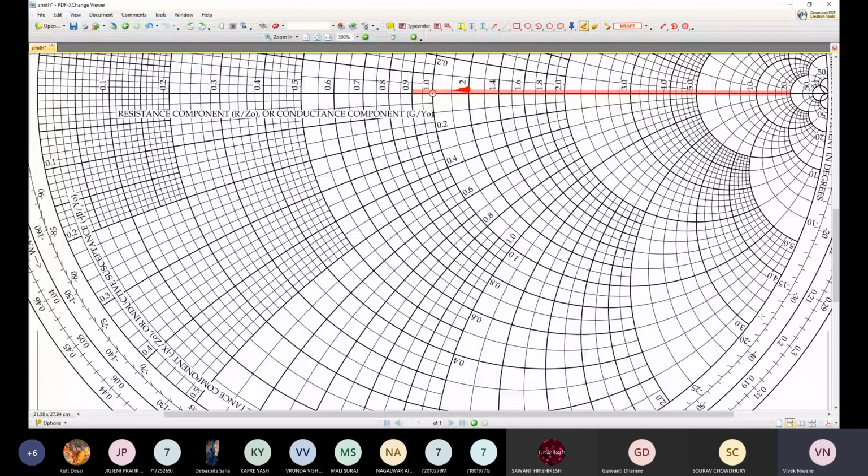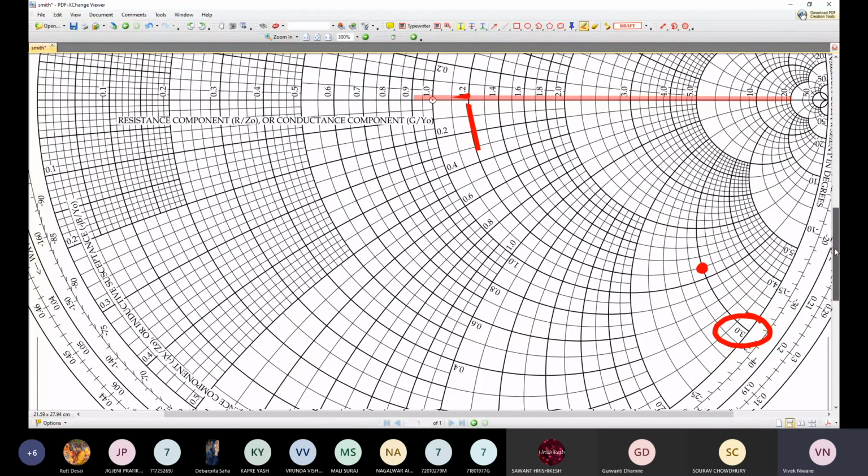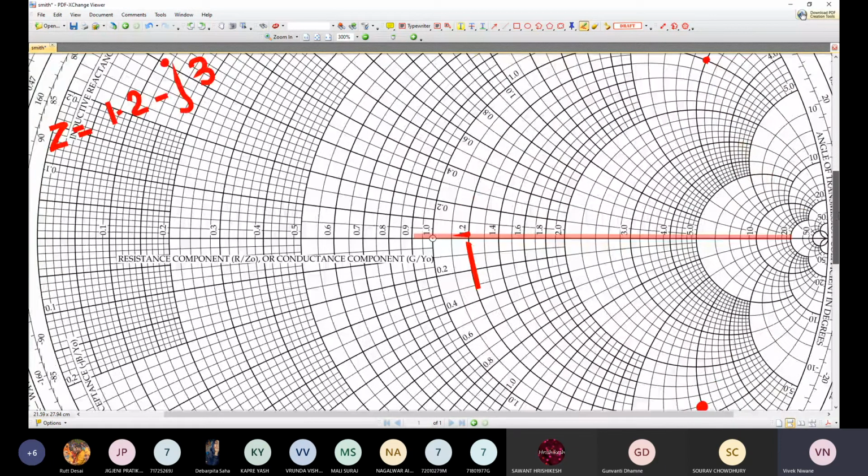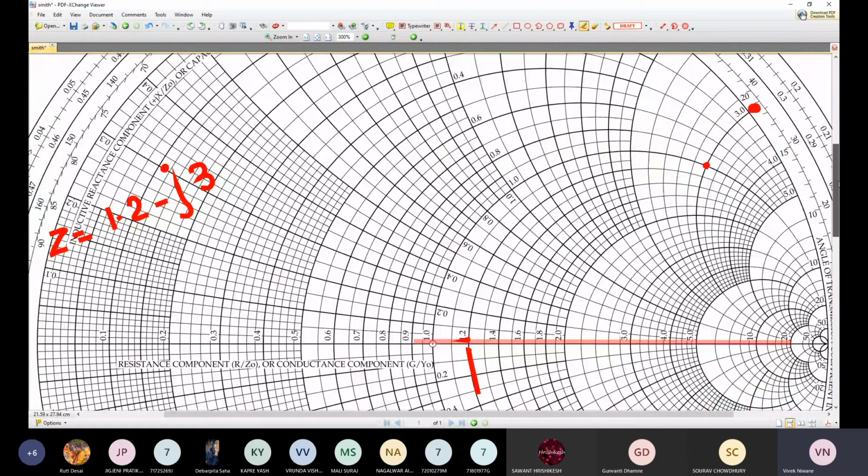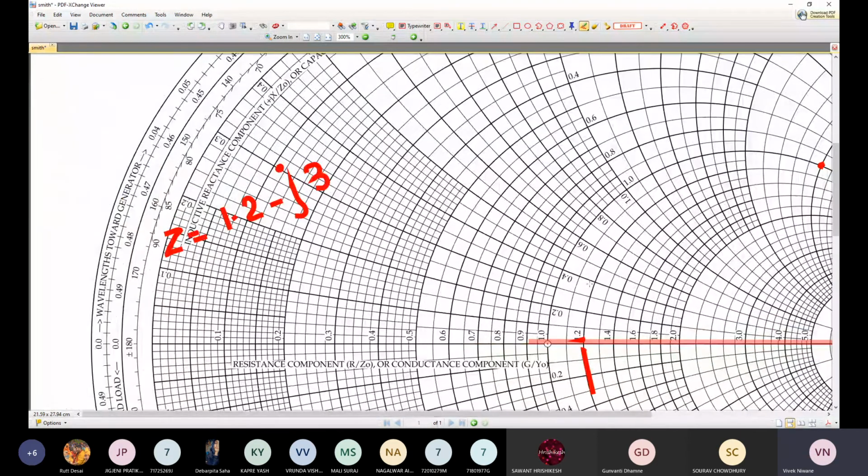Let us trace this curve line and let us trace this circle, and let us find the point of intersection. Here we do have the point of intersection for our load impedance value. And we are going to discuss the next two important points.